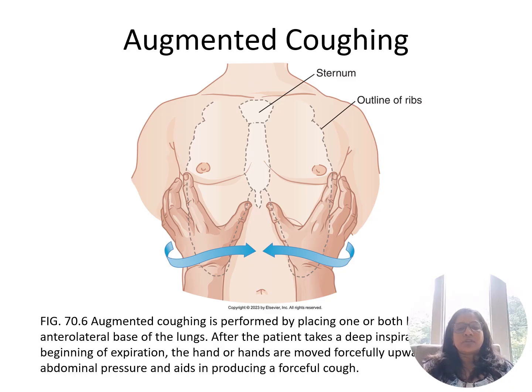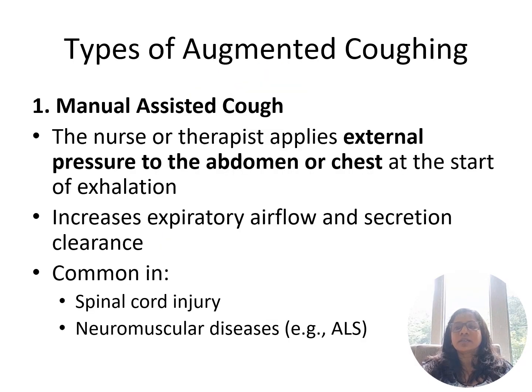This is a picture of that. It's called cough assist. Manual assisted cough, nurse or a therapist, usually a respiratory therapist, applies external pressure to the abdomen or the chest wall with exhalation. So we correlate that with their inspiration and expiration.